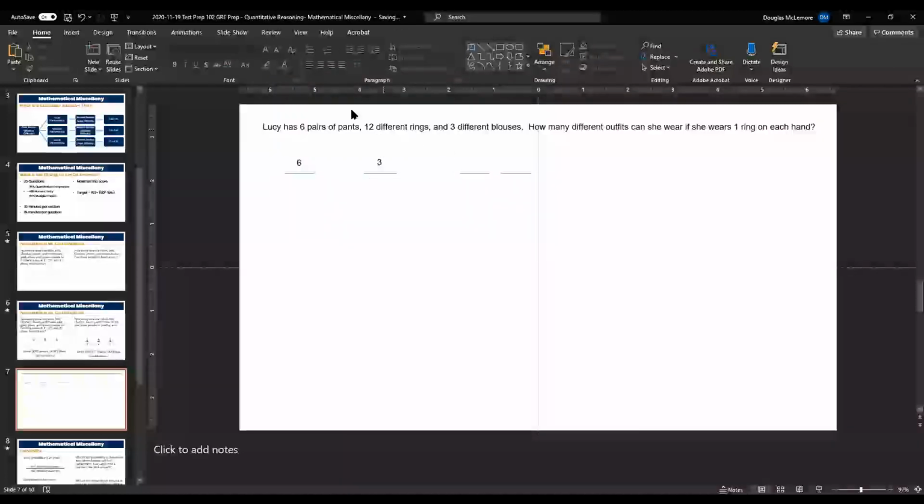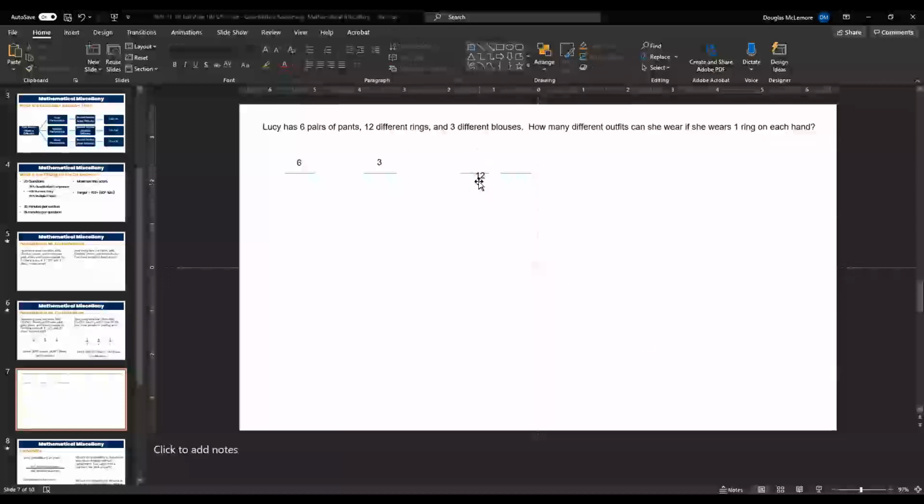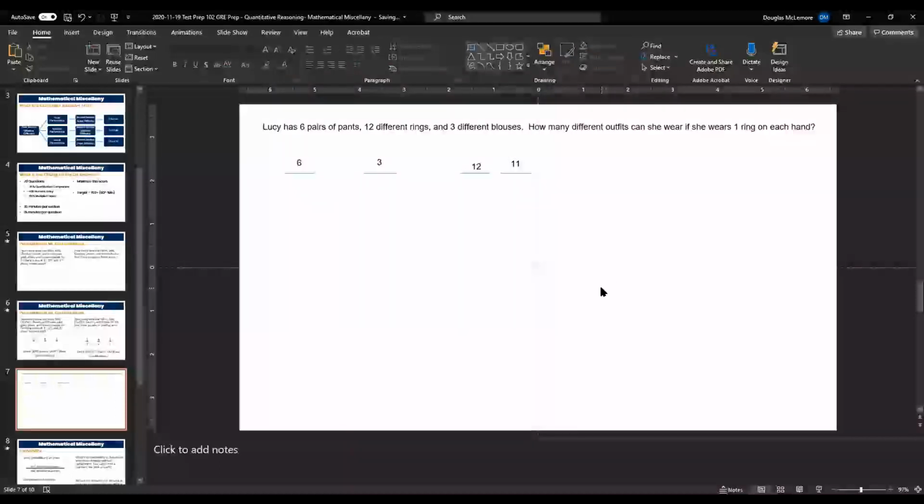How many different rings does she have to choose from for her first hand? 12. How about her second hand? How many rings for her second hand? 11. Because she's already chosen one. So this is our setup for now.